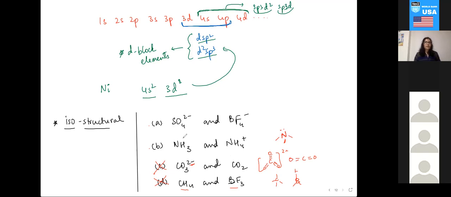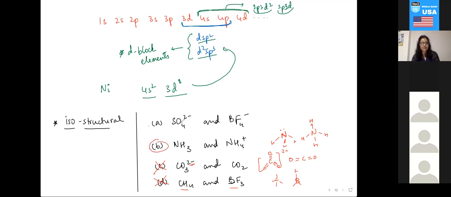If they asked about hybridization, then yes, you would be in a fix because NH3 and NH4, both of them would undergo sp3 hybridization. Hybridization is the same in both, but they're talking about structure, which is why they're different because one is pyramidal and one has a tetrahedral geometry. So hybridization wise, they are the same, but structure wise, they are different.